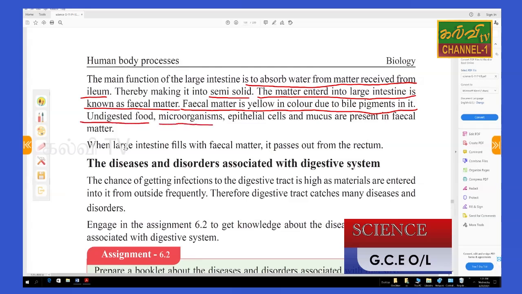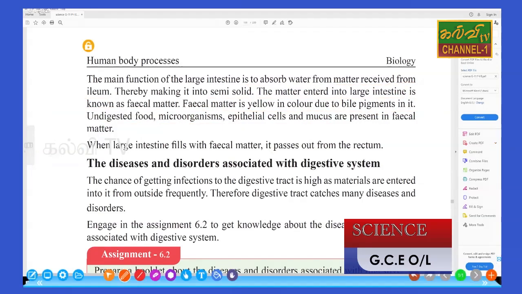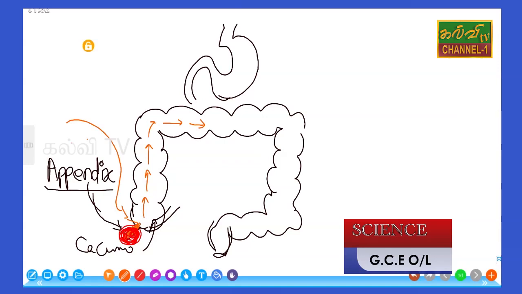Undigested food, microorganisms, epithelial cells and mucus are present in fecal matter. The matter entering the large intestine is known as fecal matter.